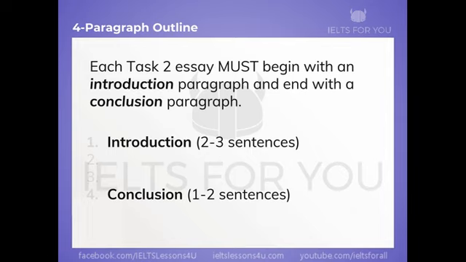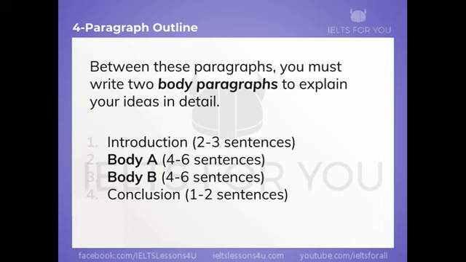Now each Task 2 essay must begin with an introduction paragraph and end with a conclusion paragraph. We're going to talk about each of these elements in Lesson 3 and Lesson 4. Okay, so for now, I'll just say that the introduction should be 2 or 3 sentences long, and the conclusion should be 1 or 2 sentences long. Between these paragraphs, you must write 2 body paragraphs to explain your ideas in detail.